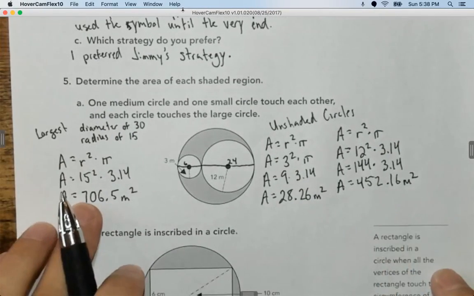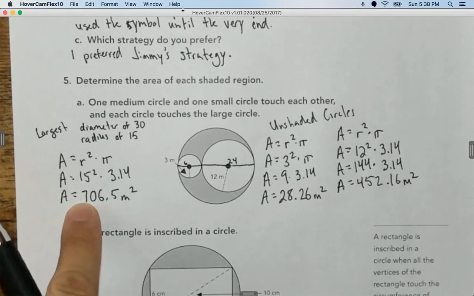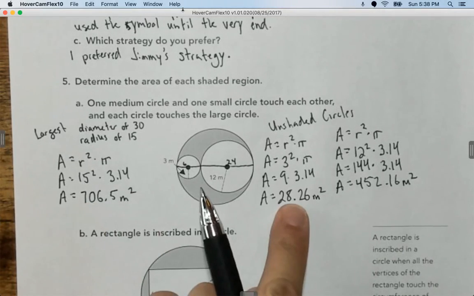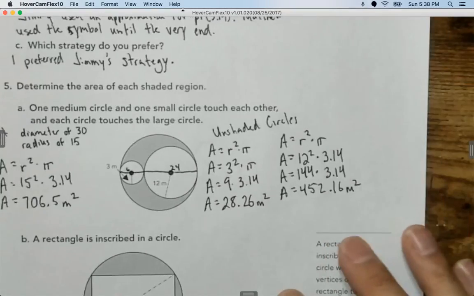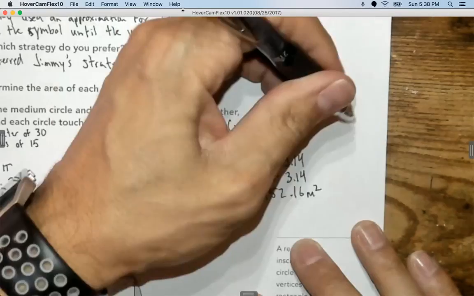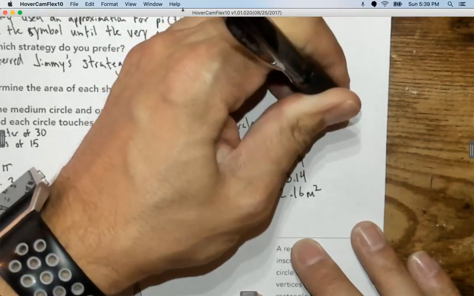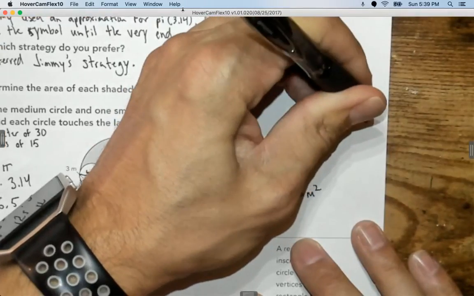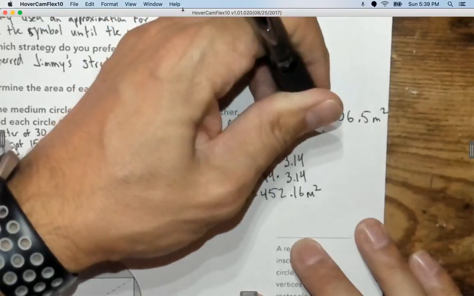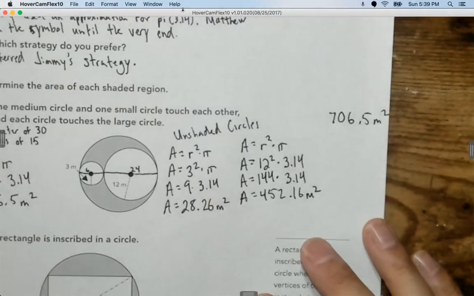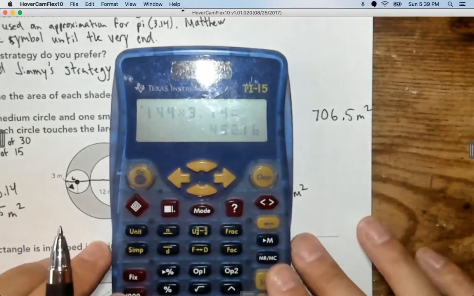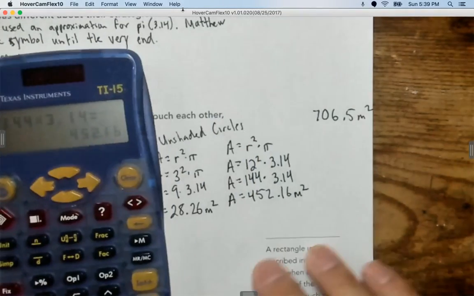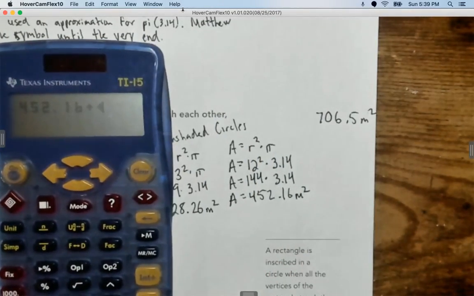All right, and so now I can either add these two unshaded up and subtract it from this, or I can take the largest one and subtract the first thing and then subtract the second thing. Either way, I'll get my right answer. On the left-hand side here, I'm going to have 706.5 meters, and then I'll subtract. Since it's in my calculator already, I have the medium one, so I'll add to it the smallest.